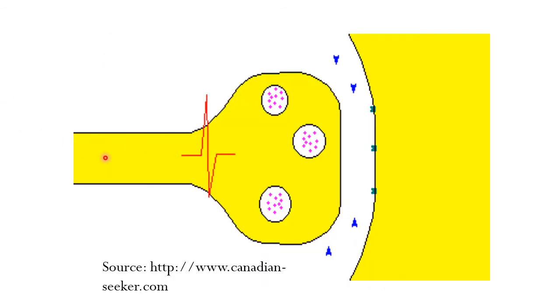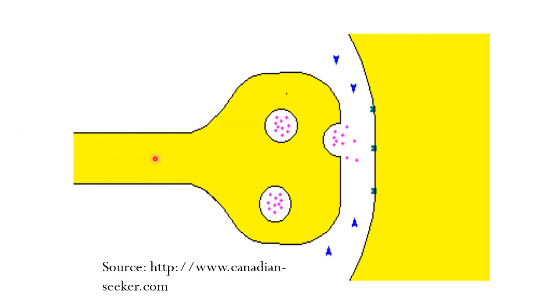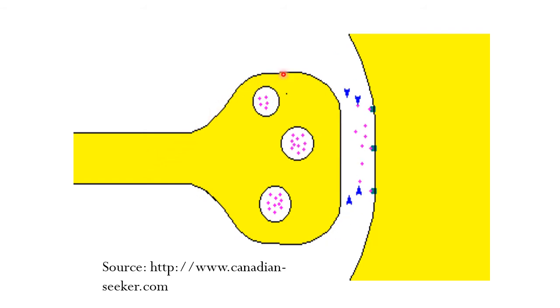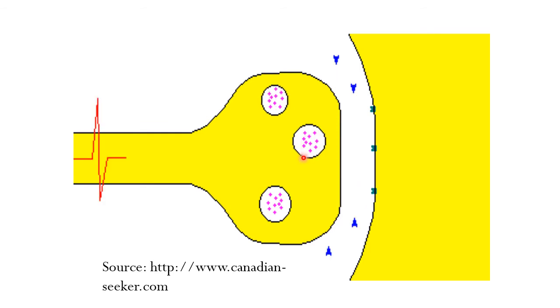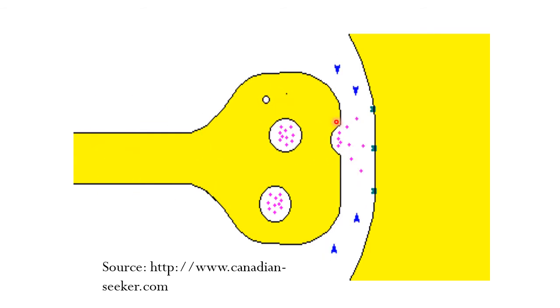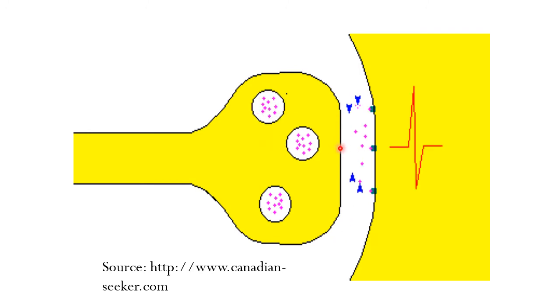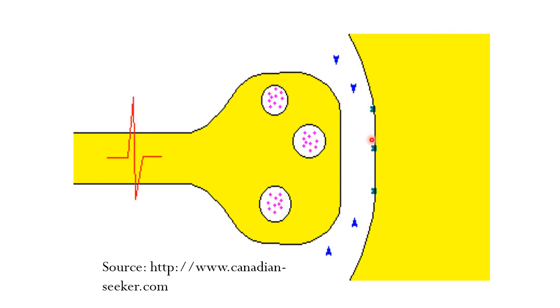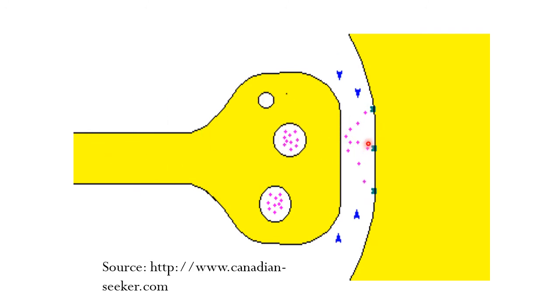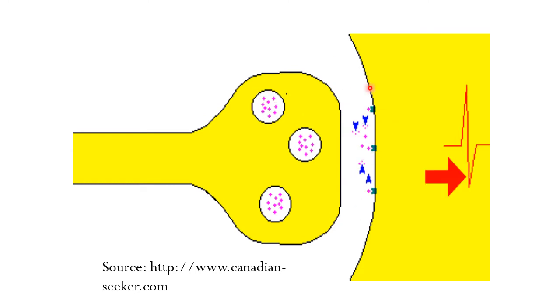You can see how once the action potential reaches the synaptic knob, it causes the synaptic vesicle to fuse with the synaptic membrane and rupture, releasing the neurotransmitter into the synaptic cleft. And then the neurotransmitter will bind with the receptor on the postsynaptic membrane.